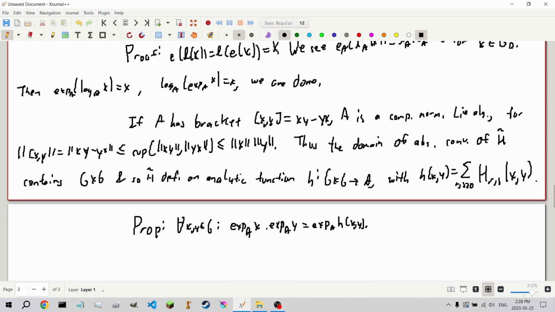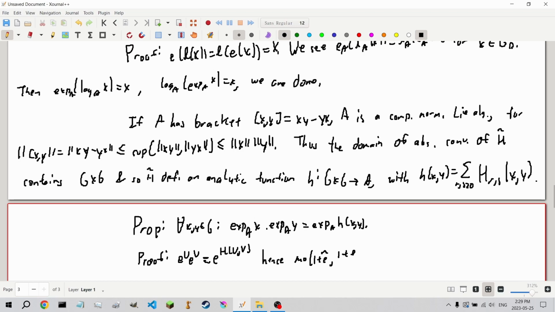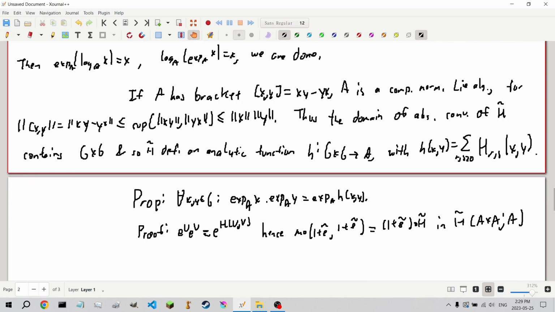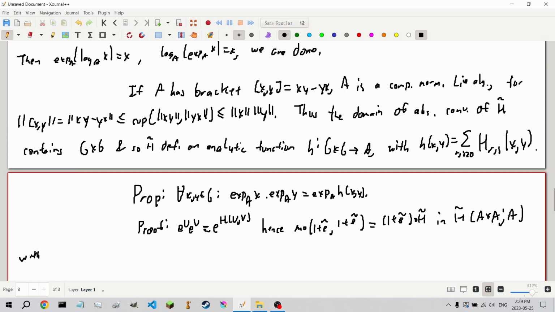In the proof, well, E of U times E of V is E of our capital H version of Hausdorff, U and V. Hence M on 1 plus E tilde, so our multiplication is 1 plus E tilde composed with H tilde, of A times A on A, with M as multiplication on A, and we're actually done from that.